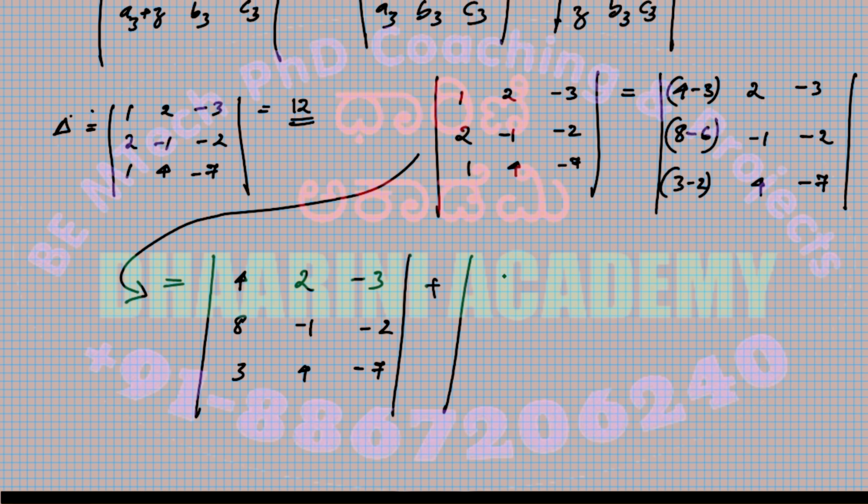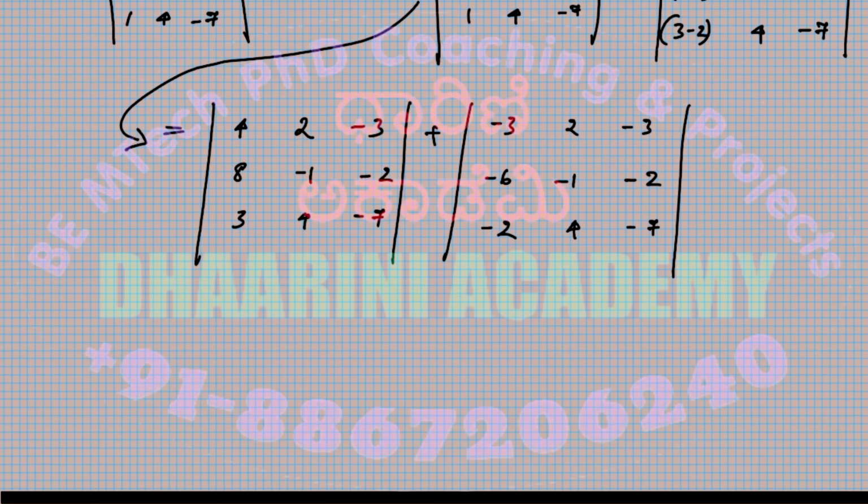Plus the determinant of minus 3, 2, minus 3, minus 6, minus 1, minus 2, minus 2, 4, minus 7. So we need to calculate the two different determinants. One we'll write here, plus one more which we calculate we'll write here.